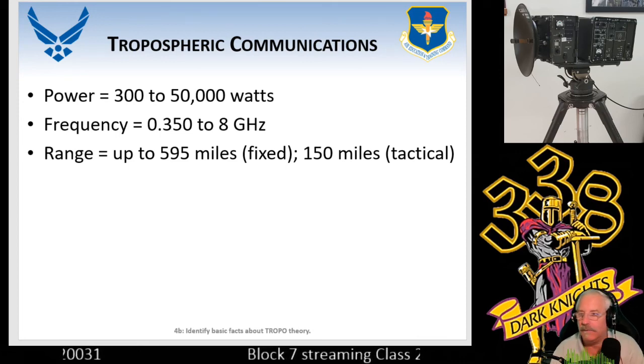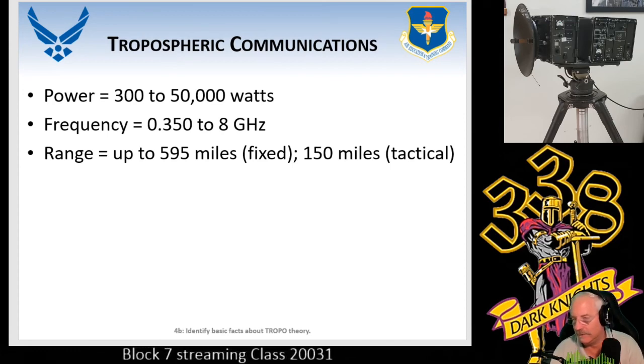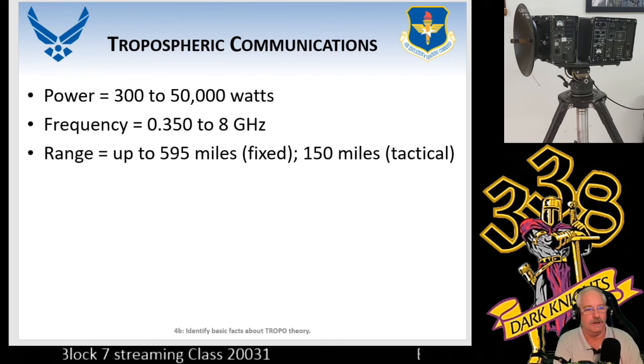Why they picked 595, I have no idea. I think it was just in the middle. But that's fixed. In other words, you're probably producing 50,000 watts to get it 500 or 600 miles. That's a lot of power. It's a lot of consumption of energy to do that. Is it consistent? It's pretty consistent.